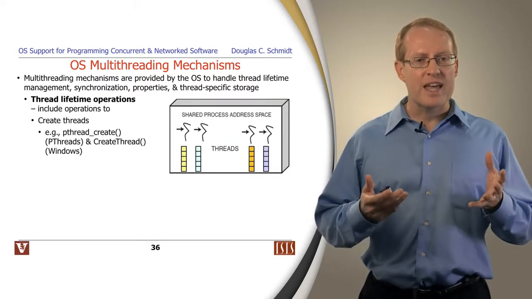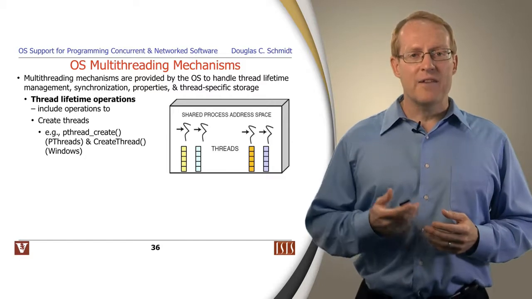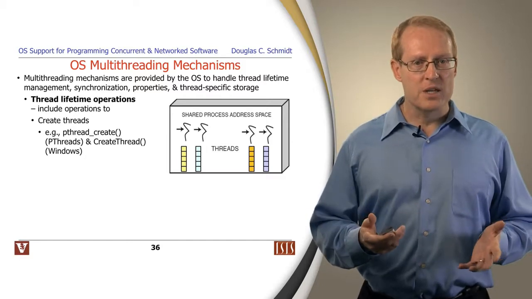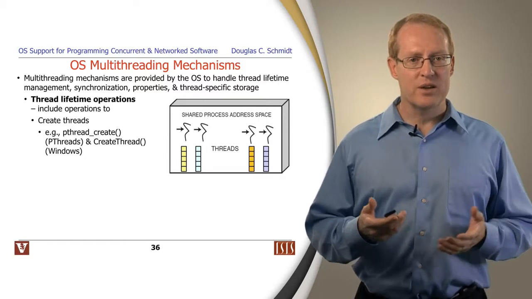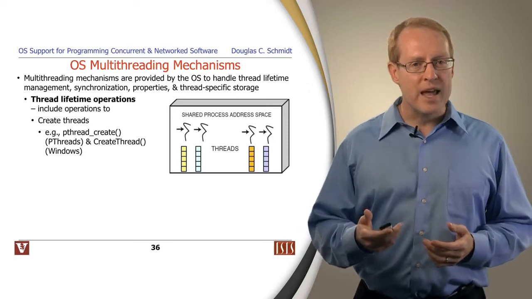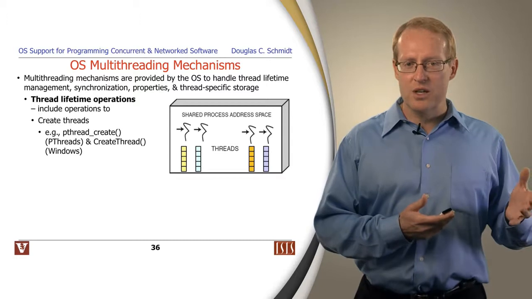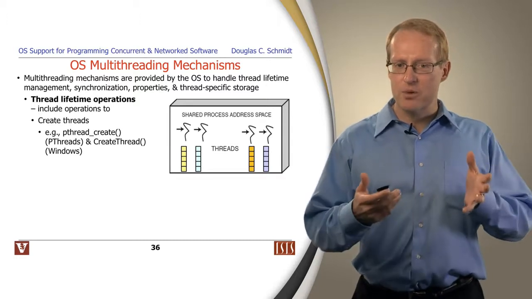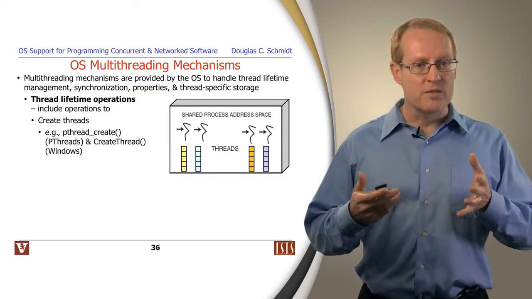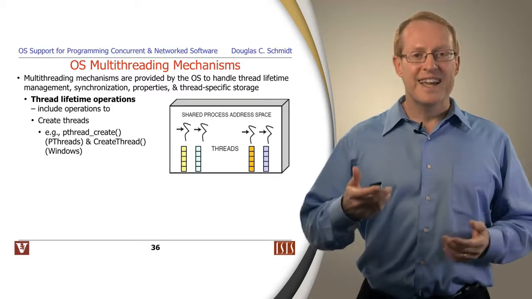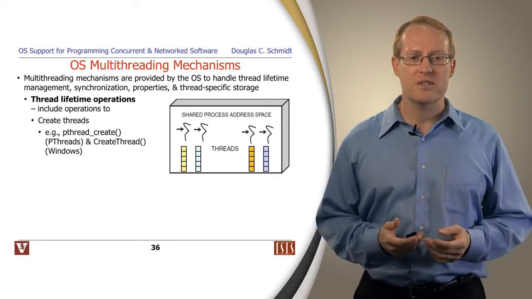Processes are fairly heavyweight to create, and for that reason, modern operating systems also provide things called threads. A thread is basically a unit of computation. If a process is a unit of resource allocation and protection, threads are units of computation that run in the context of a process.